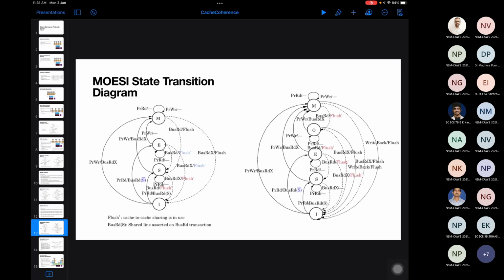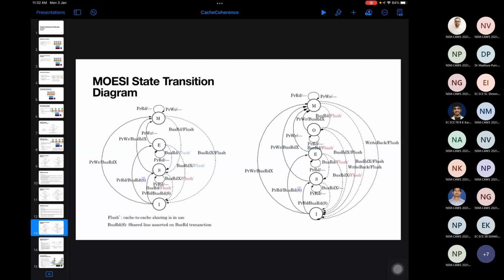If you see the top two states in this MOESI protocol for a processor write, for M state there is no bus transaction, whereas for O state there is a bus transaction, bus read X. That is because if you have a block in O state, the other cores may have the data in their private caches in a shared state. But that is not true with modified state, right? Otherwise, the rest of the things are exactly the same as your MESI protocol.